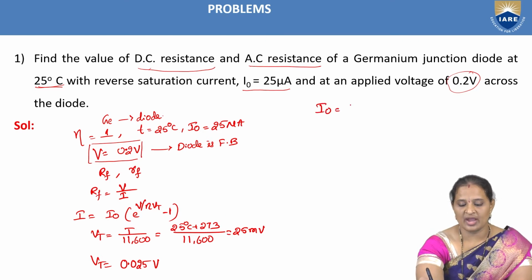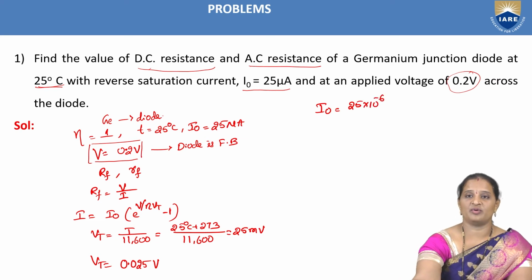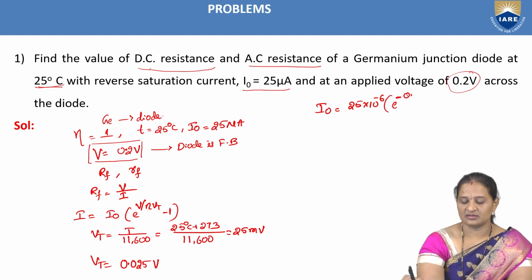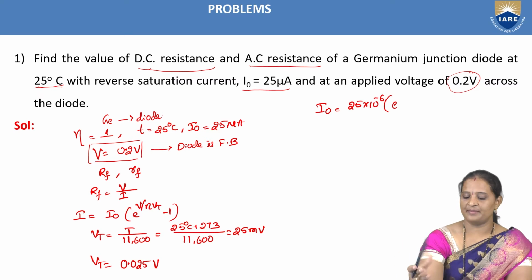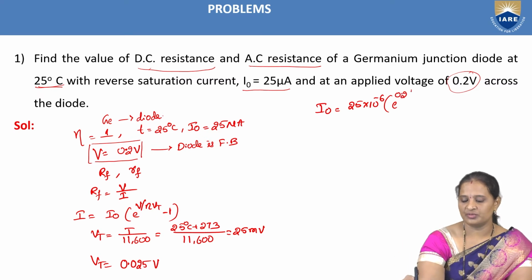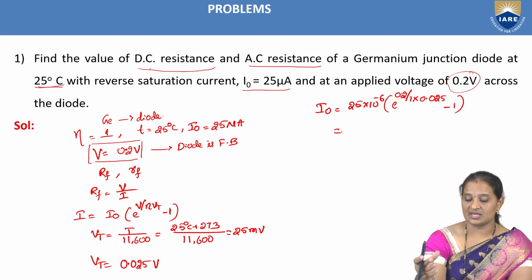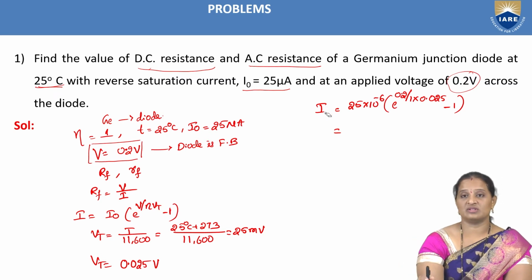So I is equal to I naught, where I naught is 25 microamperes, that is 25 into 10 to the power of minus 6, into e power V, that is 0.2 divided by eta, which is 1, into Vt, which is 0.025, minus 1. Sorry, this is I, right? I is equal to I naught into e power V by eta Vt minus 1.